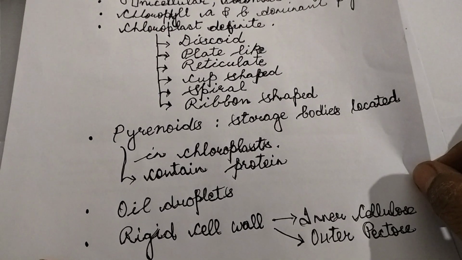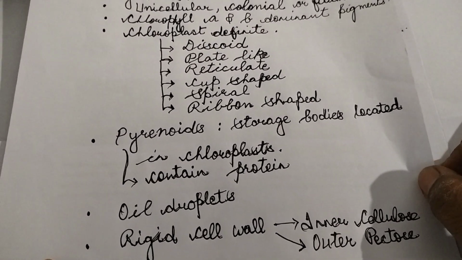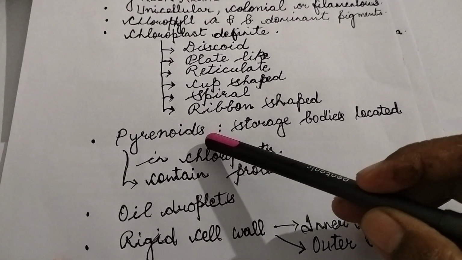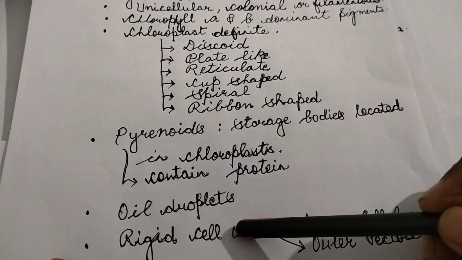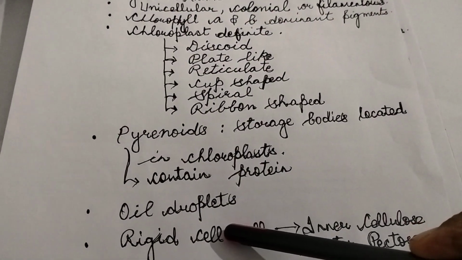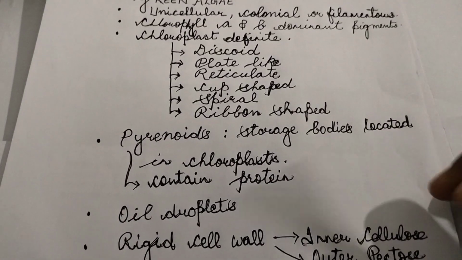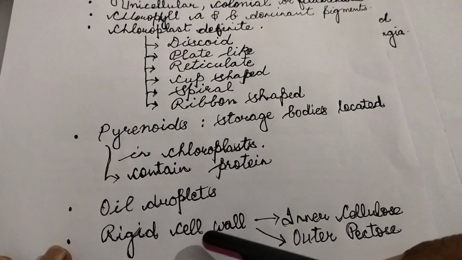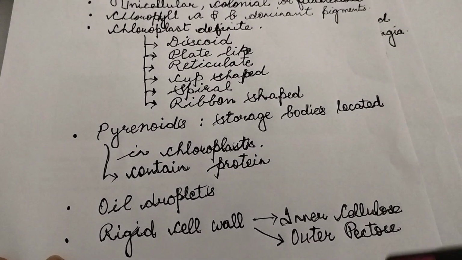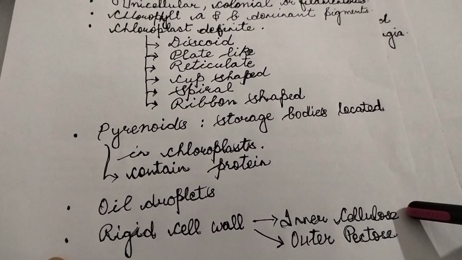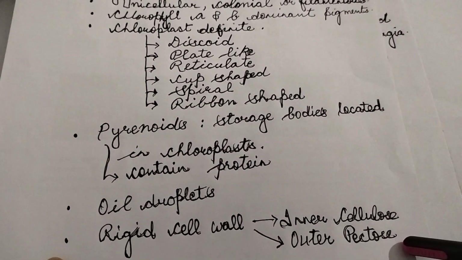Some green algae store food in the form of oil droplets. Means food is stored in the form of pyrenoids, as well as in some algae it is stored in the form of oil droplets. Now, these green algae have a rigid cell wall, which is made up of an inner layer of cellulose and an outer layer of pectose.